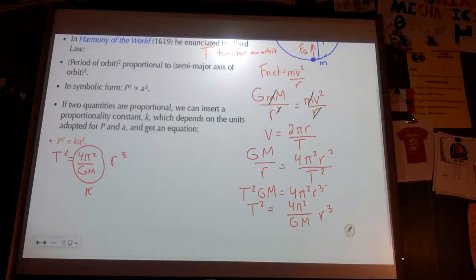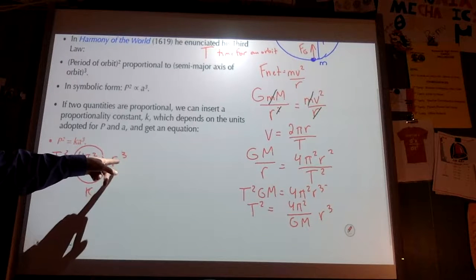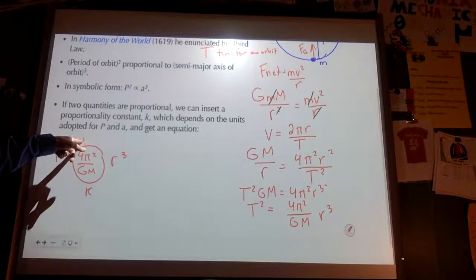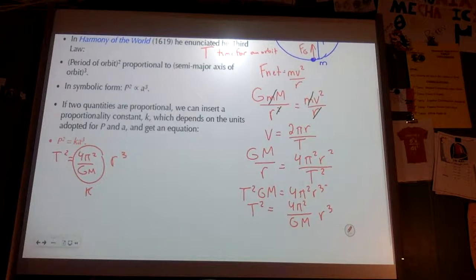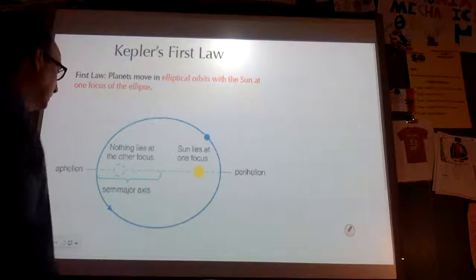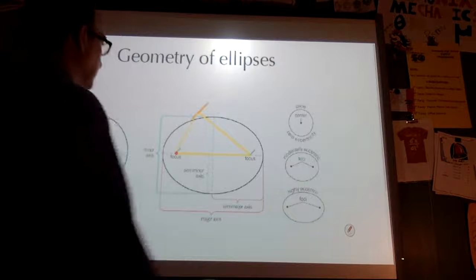So what's the difference? Instead of having the radius of our uniform circular motion, we have substituted in a. So what is a? A is going to be our semi-major axis of the orbit. So I'm going to go back three slides.